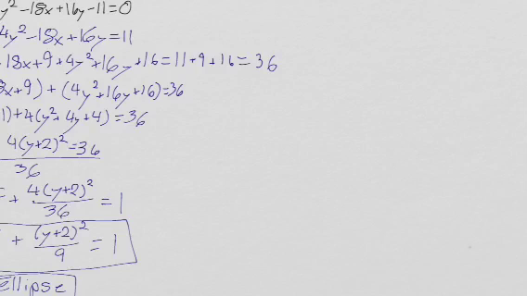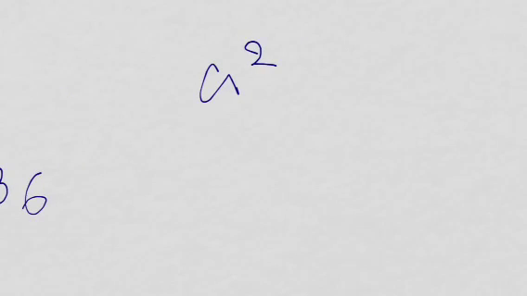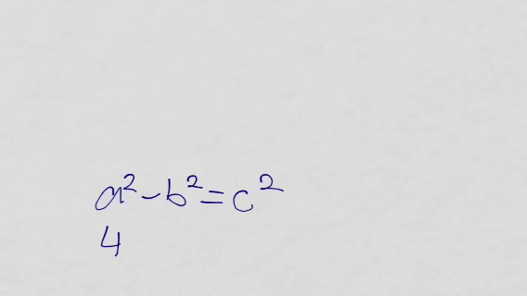So if we do a squared, I'll zoom in actually. A squared minus b squared equals c squared, and a will be 2 and a squared is 4, minus b, which is 3, and b squared is 9.